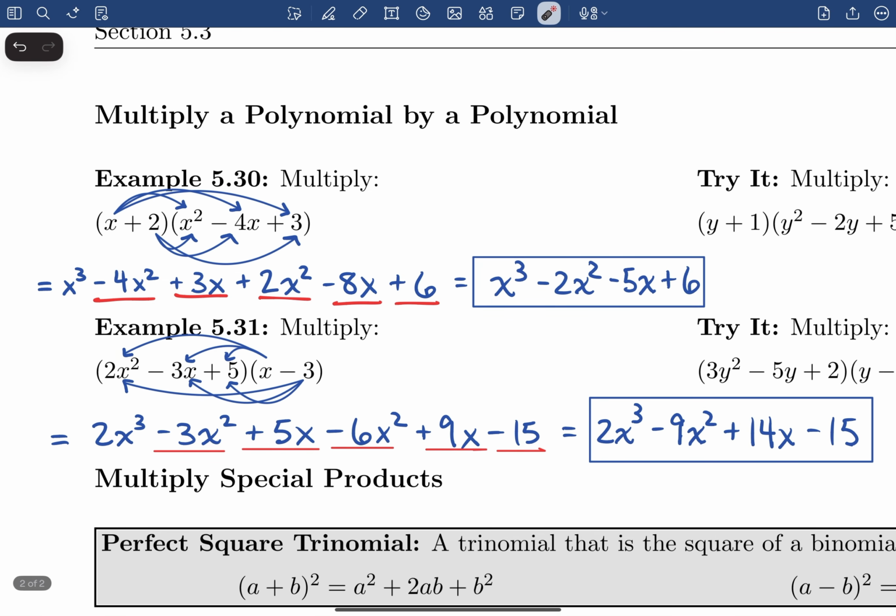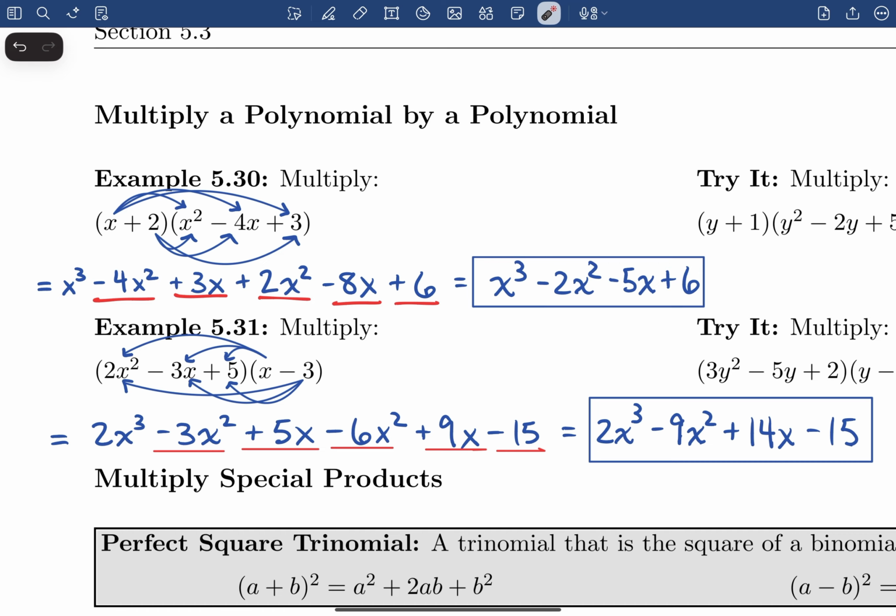Okay, and one thing about when you write your results and when you think about polynomials, we like to put polynomials in a standard form where we go from the highest power of the variable and we reduce it little by little. Recall the degree of a polynomial is the highest power of the variable. We like that to go first, and then we reduce it to 2, and then x to the first, right?